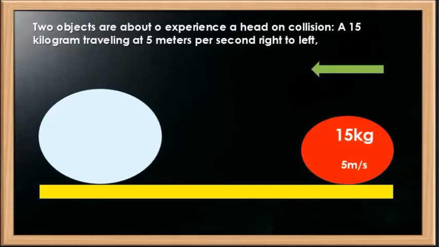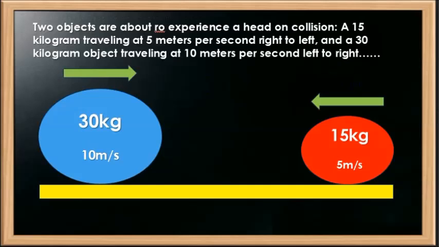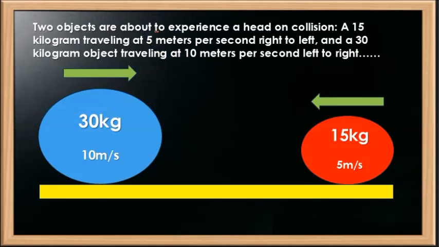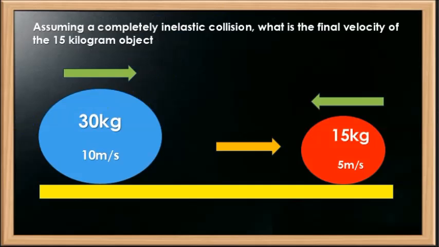And then we have a 30 kilogram object moving 10 meters per second to the right. So two objects are about to experience a head-on collision, and assuming that we have a completely inelastic collision, what is the final velocity?